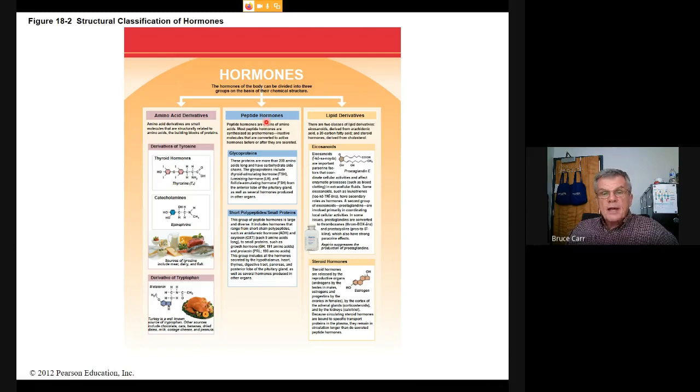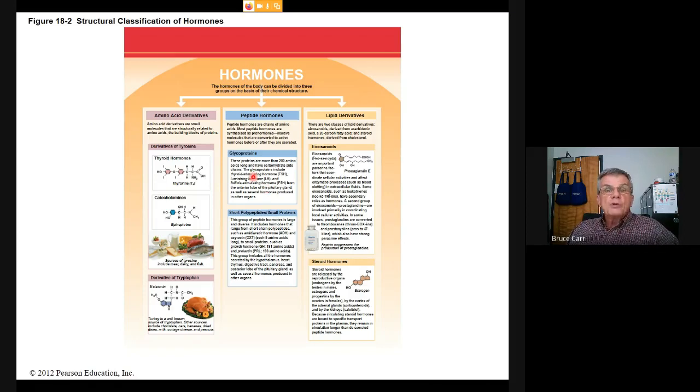Now, over here, the peptide hormones, there are a whole bunch of them. Small and large, glycoproteins and short polypeptides to small proteins that have a variety of effects. And under here, things like thyroid stimulating hormone from the pituitary, luteinizing hormone, and follicle stimulating hormone, again coming from the pituitary and affecting reproductive function, belong to the glycoproteins.